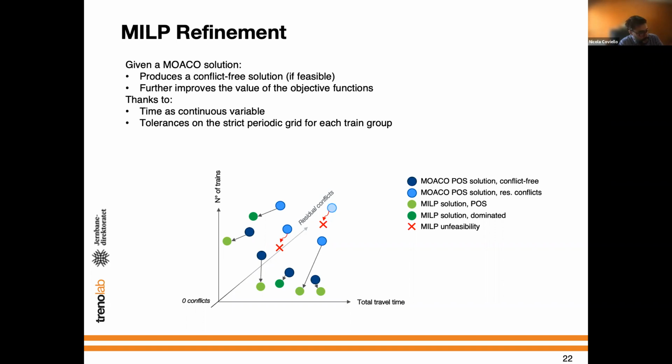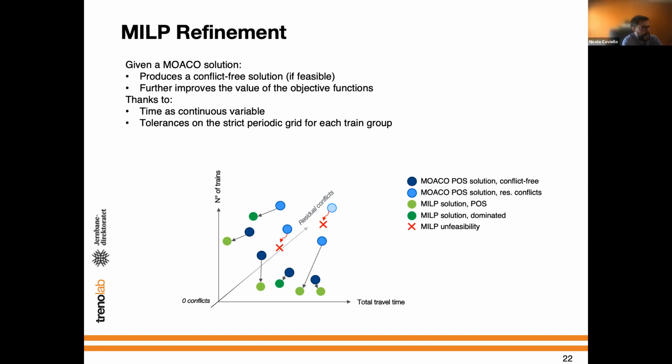On the other side, the MILP formulation further improves the values of the other objective functions by exploiting two facts. The first is that the ants use discretized time, so they introduce some degree of granularity or resolution in the problem, while the MILP considers time as a pure continuous variable.